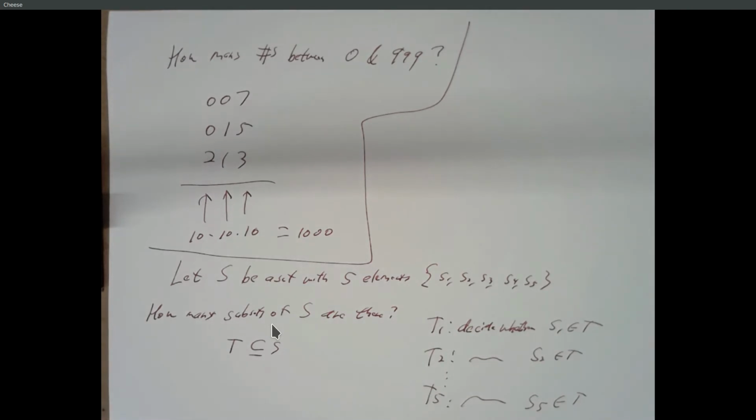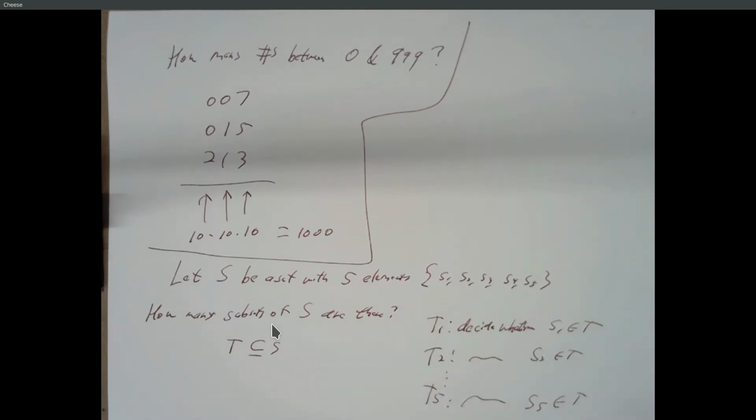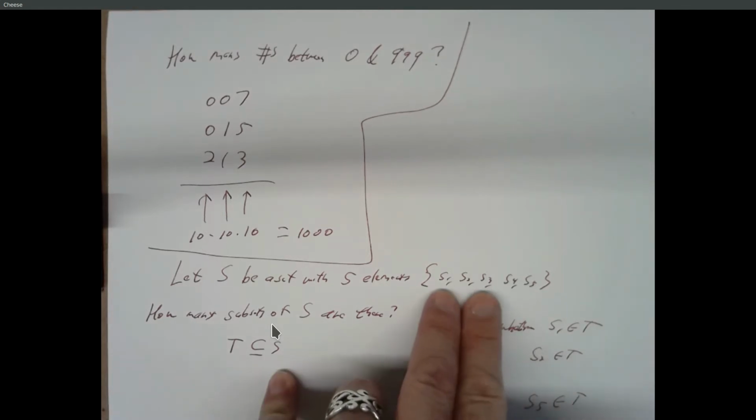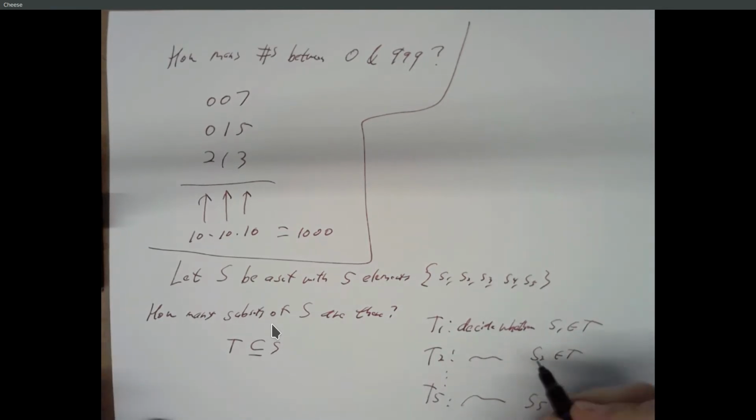Choosing a subset is now a succession of 5 tasks, which is choosing whether each of these elements is going to be in my subset. If I answer that question for each of these elements, I've defined a subset. And any subset can be gotten by suitably answering these 5 questions. So how many ways can I answer this question?